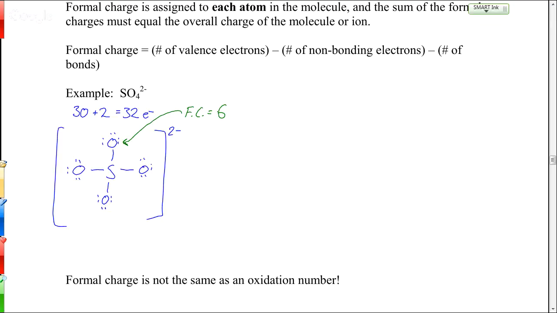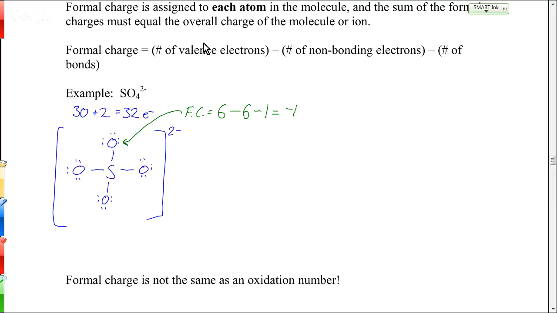Oxygen has 6 valence electrons. Then we subtract the number of non-bonding electrons, which is 6. And then the number of bonds, which is 1. There's 1 bond going to that oxygen. Does anybody not see where those numbers come from? Okay. We do that, we get -1.